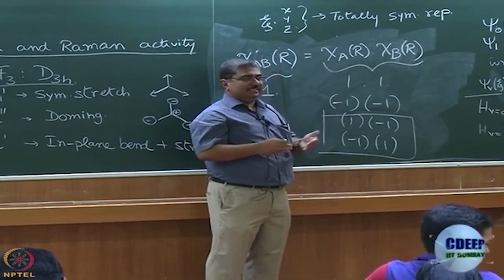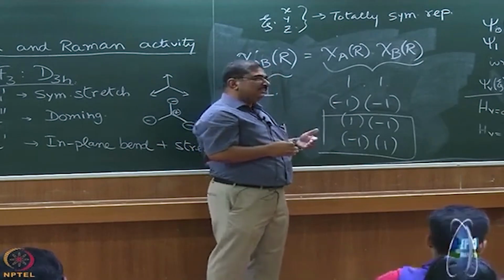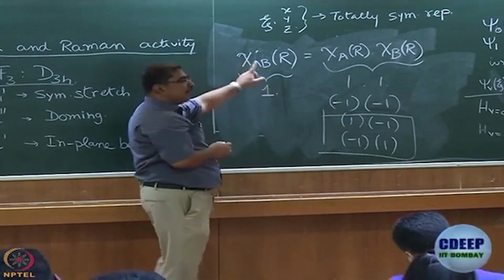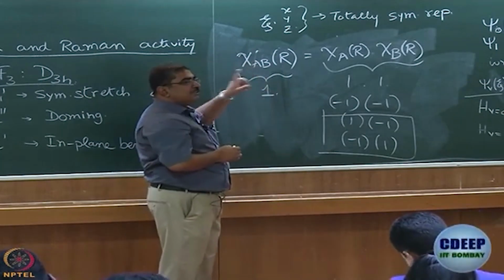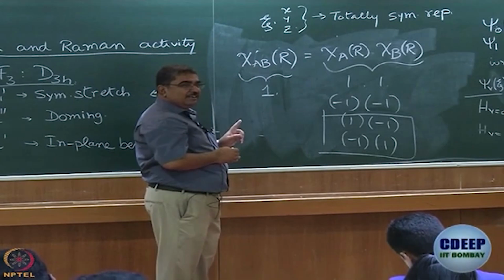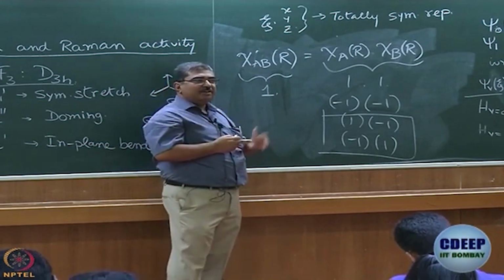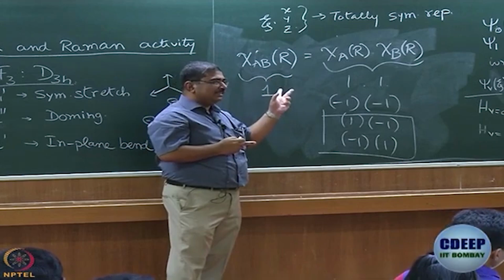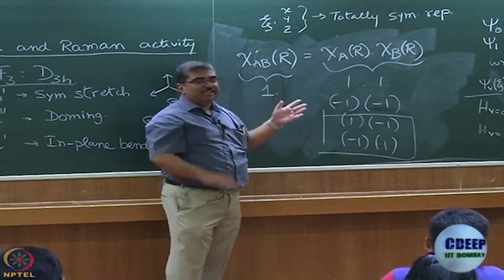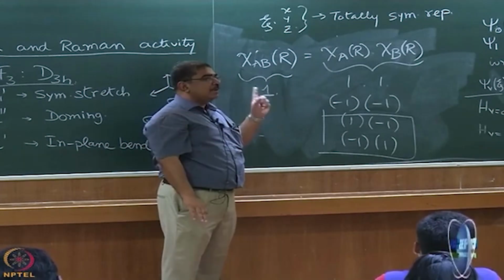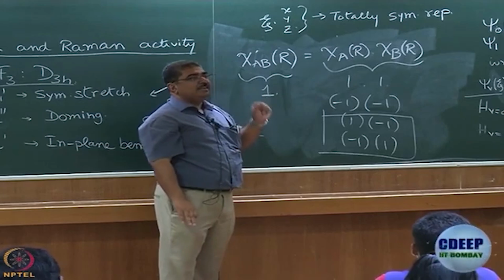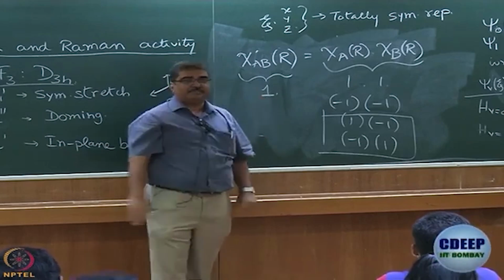Now, I am going to make the general statement. The general statement is a direct product contains the totally symmetric representation if and only if the two functions whose product we are taking belong to the same irreducible representation. Do we agree?